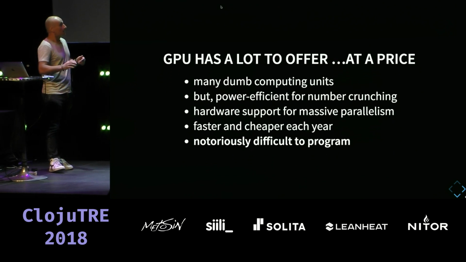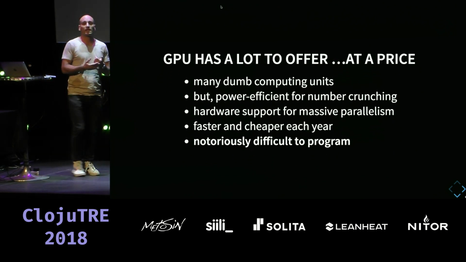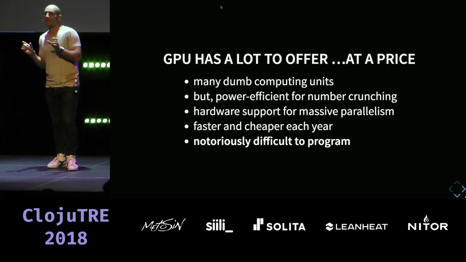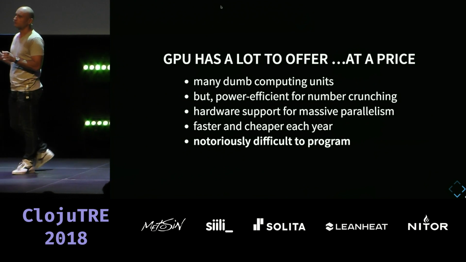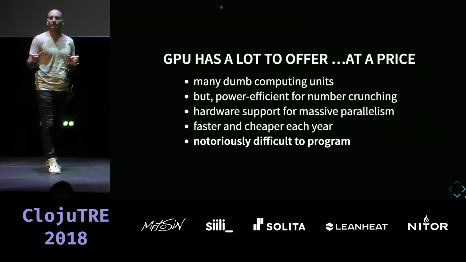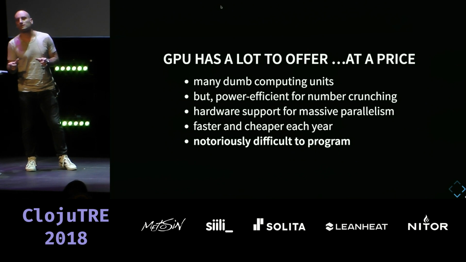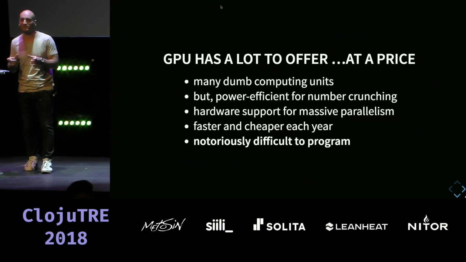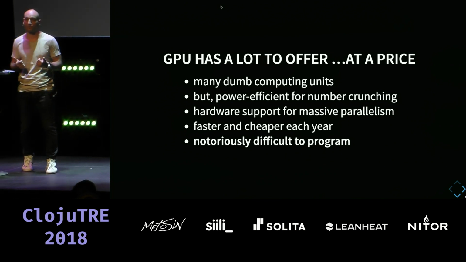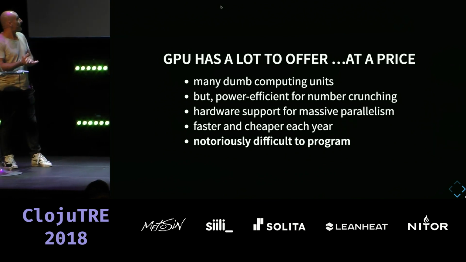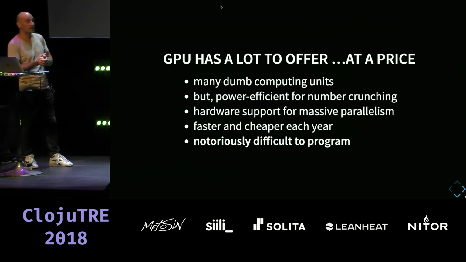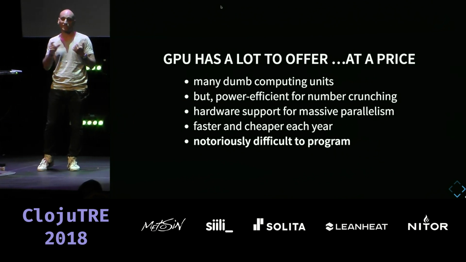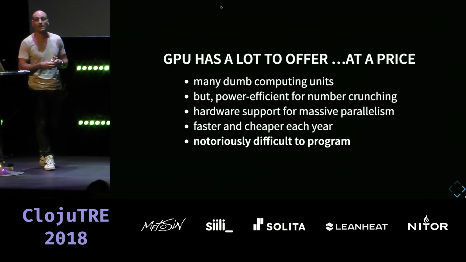So graphical processing units help a lot with that. Why? They have many, many really not very featureful cores, but these cores have exactly those features that we need in number crunching. And also they support massive parallelism, which has many relations to functional programming.